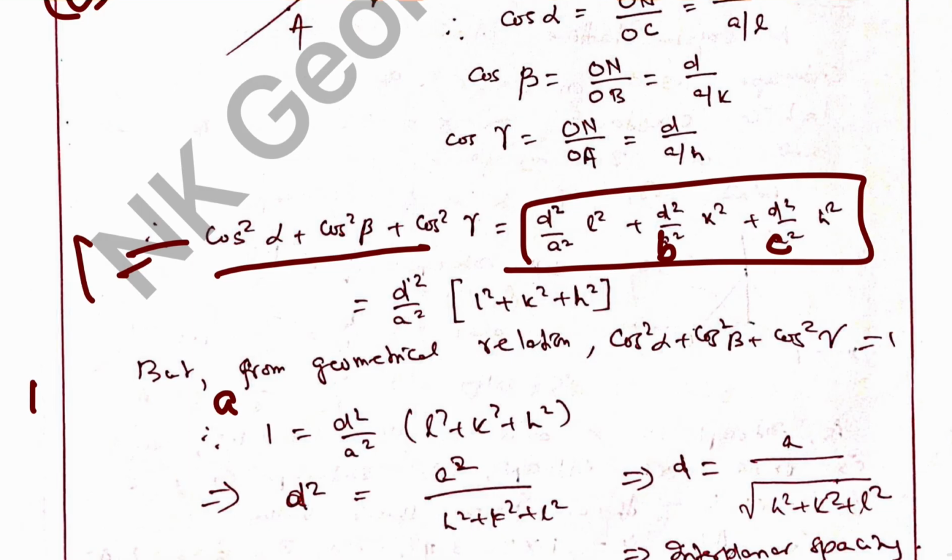So D square will be common, L square by A square, K square by B square plus H square by C square. So this will be equal to 1.